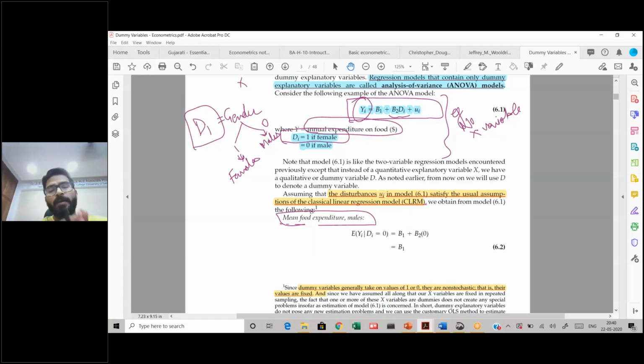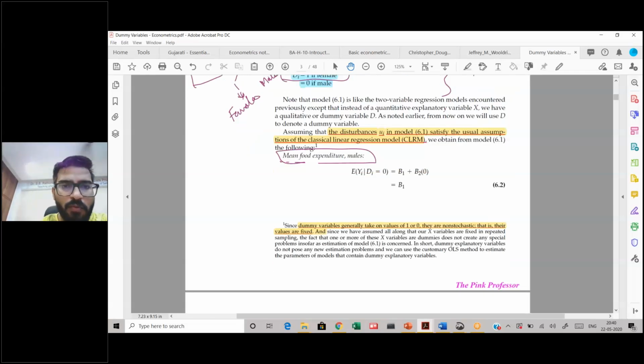So in your data, what you should have is the SATs, the annual expenditure on food, the expenditure of males, as well as the expenditure of females. So that is how you want to derive this.